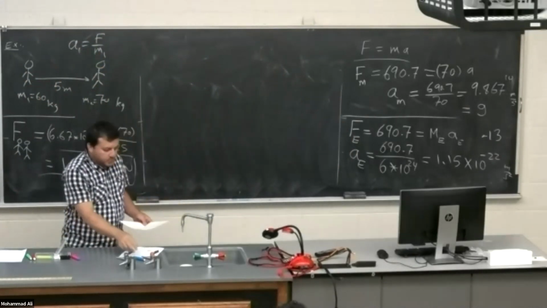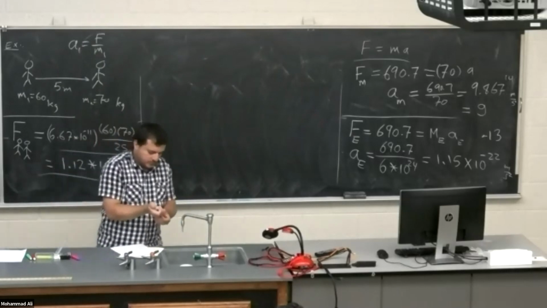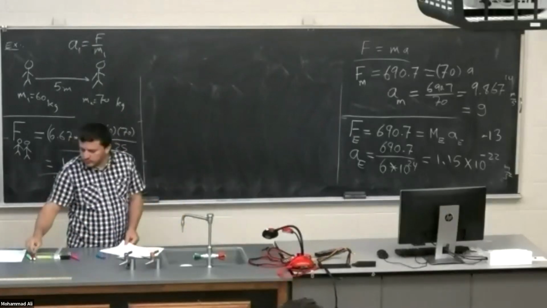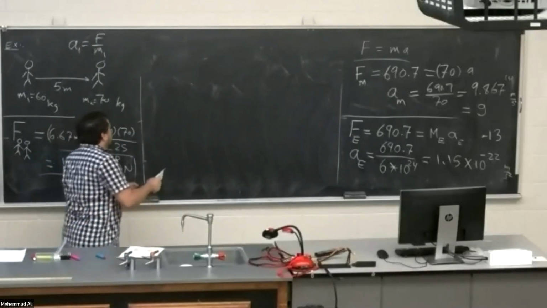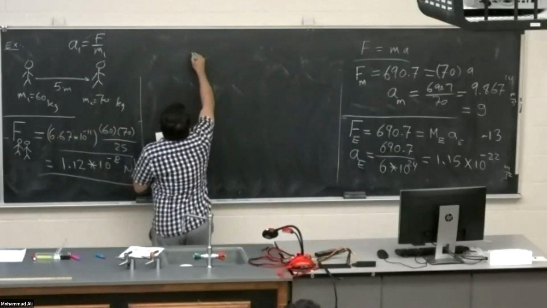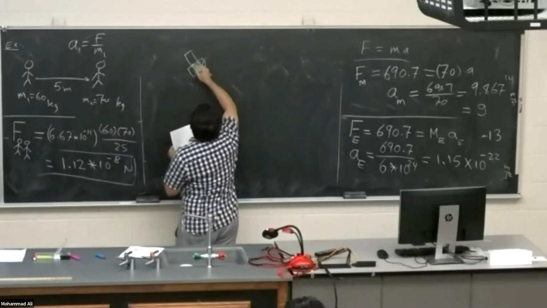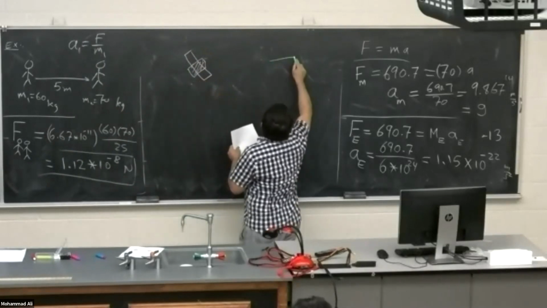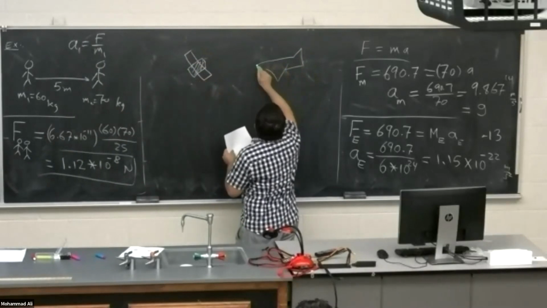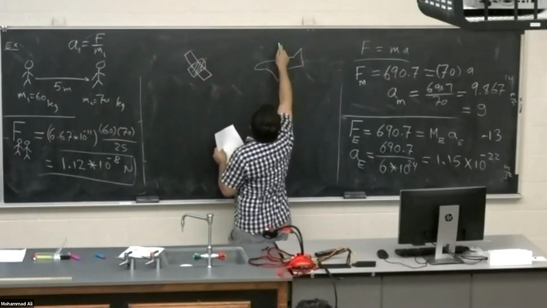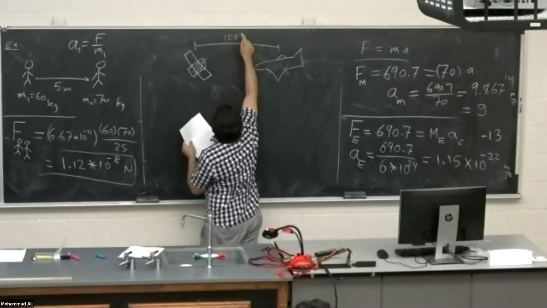In outer space, we have a satellite and a space shuttle. The distance between them is 1,000 meters, which is a kilometer.